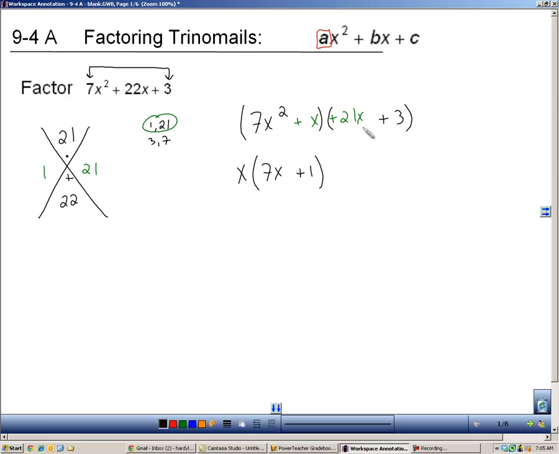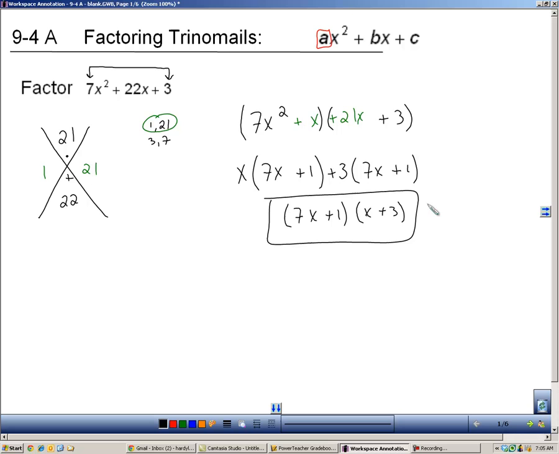Now I want a 7x plus 1 to be left, so I'll take out a 3, and that will leave a 7x plus 1, which will then factor into 7x plus 1 times what's left, in this case x plus 3. So if you notice, all the steps are identical to factoring any trinomial. It's just that now the diamond over here is going to be harder. This one was actually pretty easy to start off with, but you can get some pretty big and complicated numbers over here.